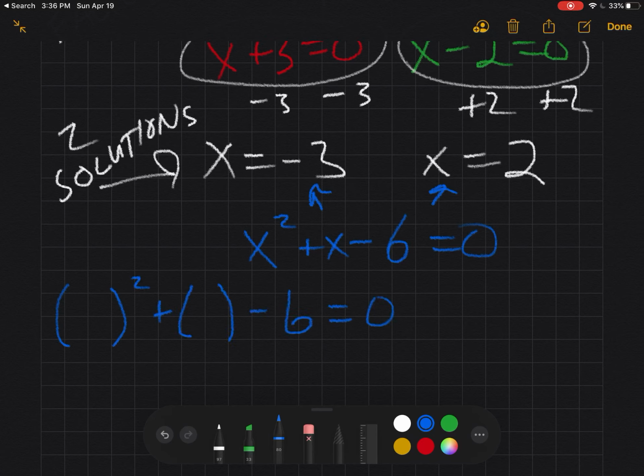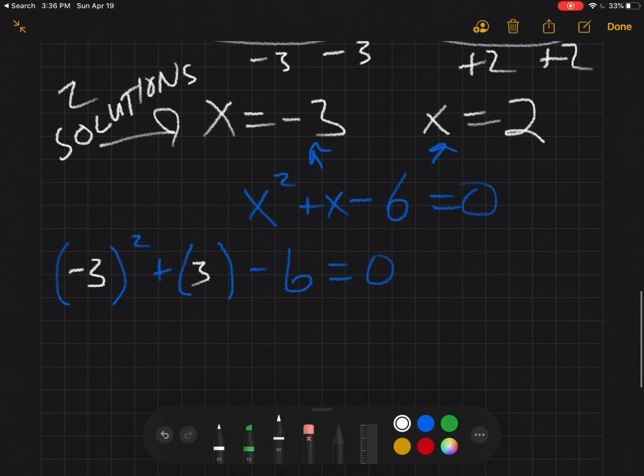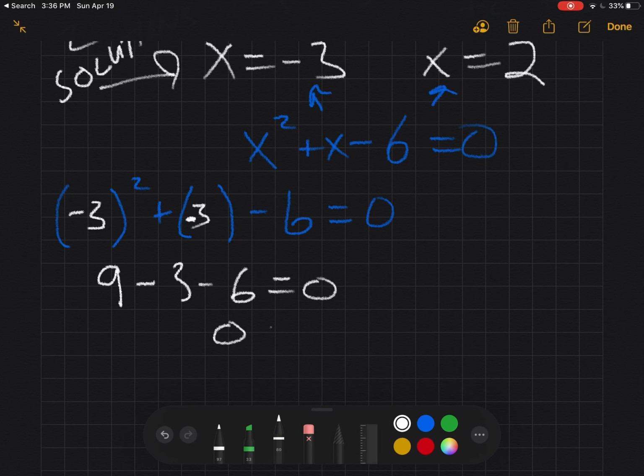And if we wanted to check our work, we can. Our equation says x squared plus x minus 6 is equal to 0, and I'm claiming that either one of these will work. So I could substitute that in. So I'm saying if I take some number x and I square it, and I add that same number back and subtract 6, I get 0.